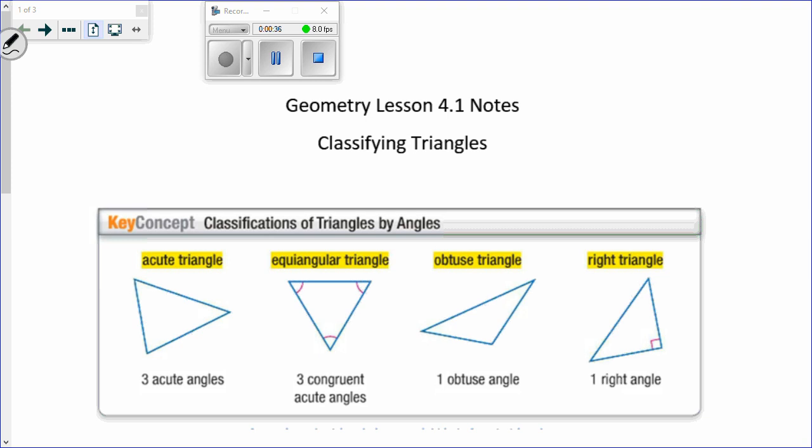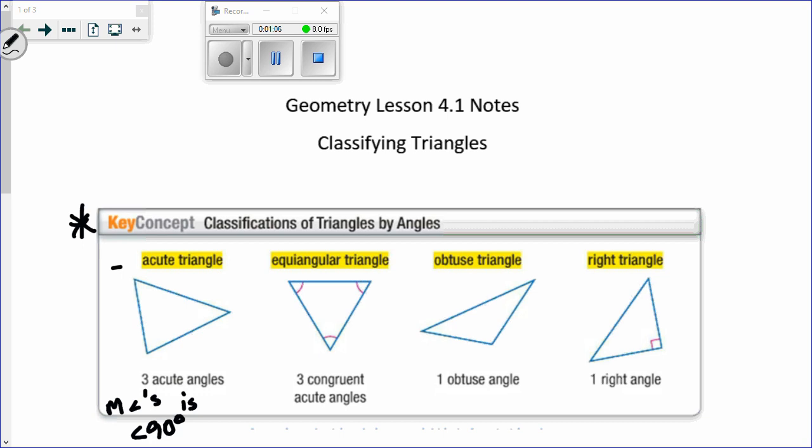The first key concept we're going to talk about here is classifying triangles by the angles. First classification we have, acute triangle. An acute triangle has 3 acute angles. So you recall that the measure of all angles to be acute is less than 90 degrees.